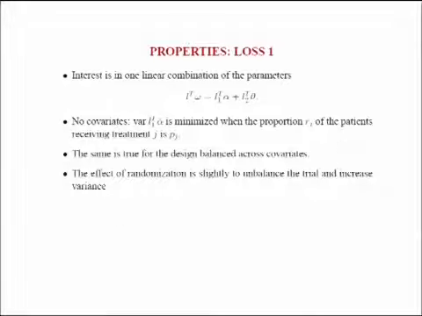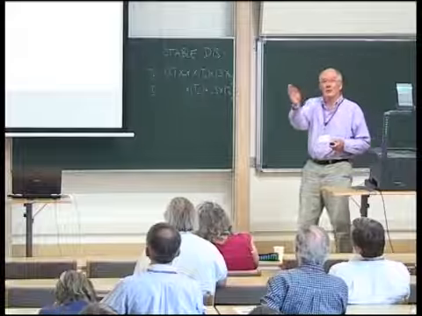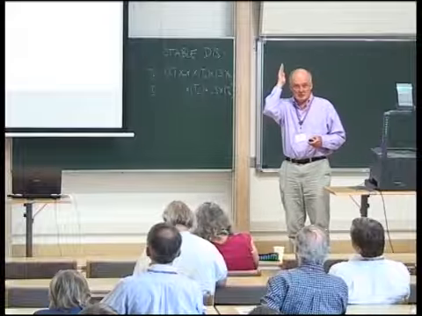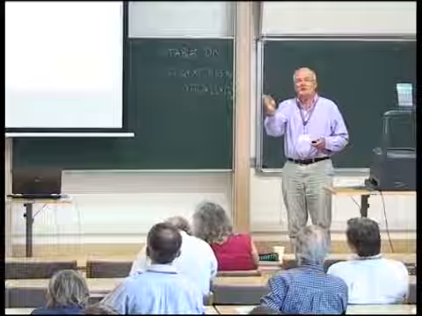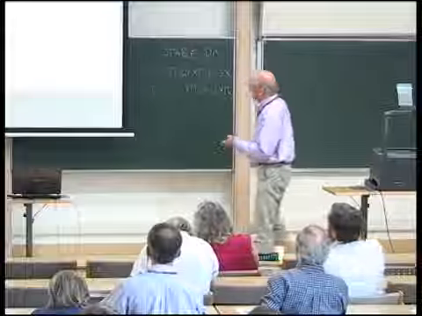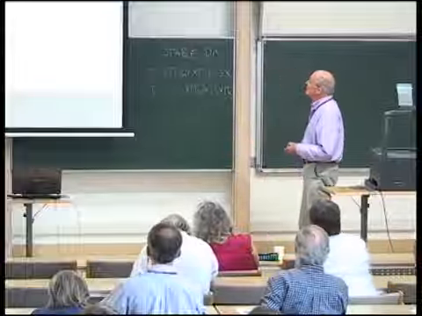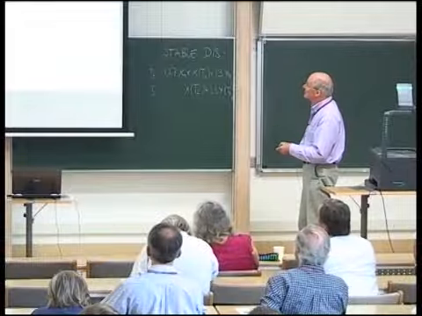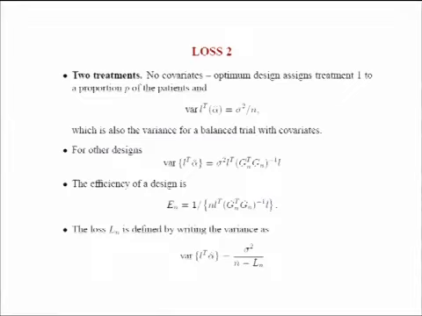And the effect of randomization is slightly to unbalance the trial. When we look at what we've got after the nth patient, the trial on average will not be quite balanced, and the variance of this linear combination will be increased a little bit.